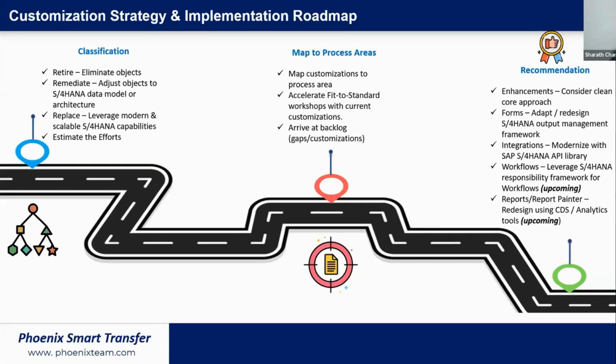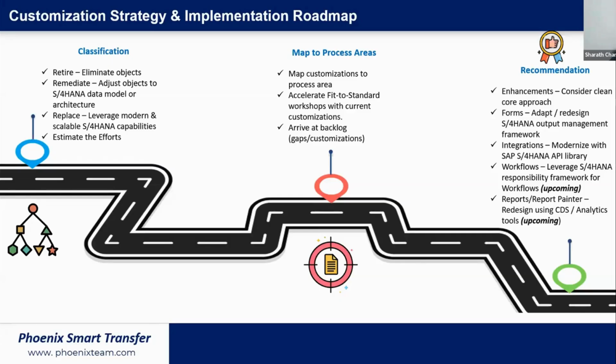And lastly, it gives you a ballpark estimate of the overall effort needed as part of your custom code migration. Subsequently, once these customizations are identified, this accelerates your fit to standard workshops and the corresponding fit gap analysis workshops that we would be performing with you, because we already know what custom objects you have, which are to be retained, which are to be replaced.